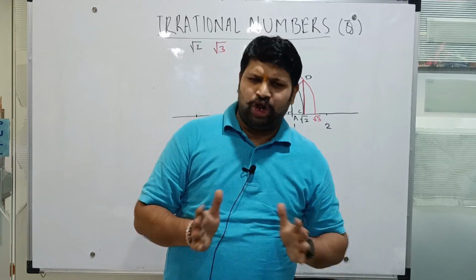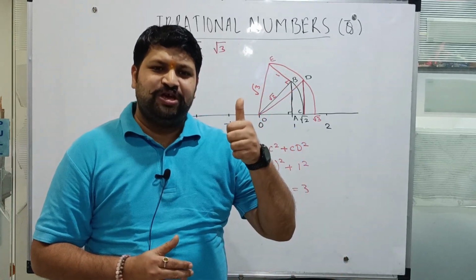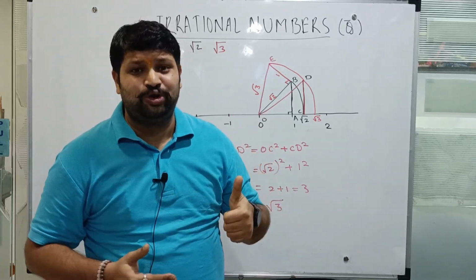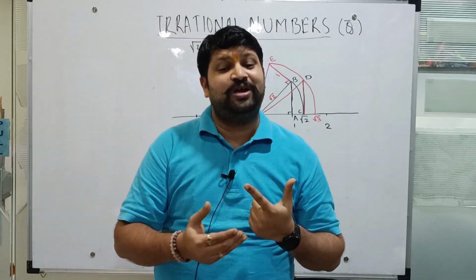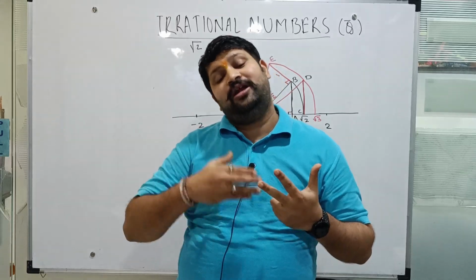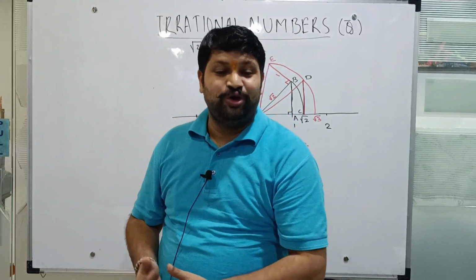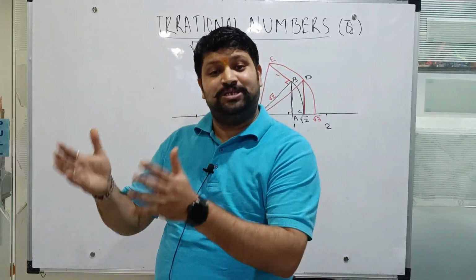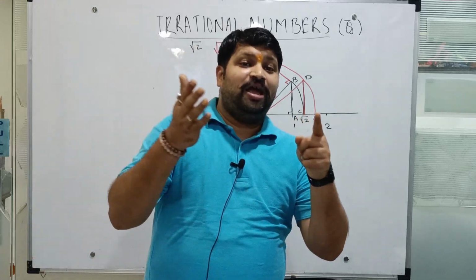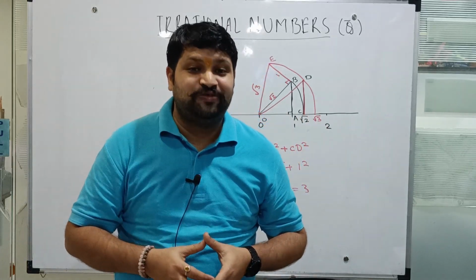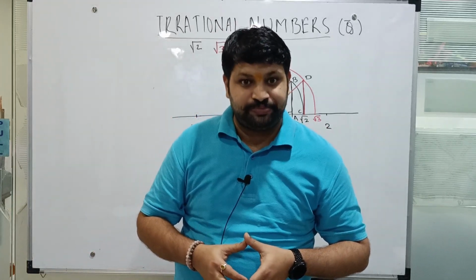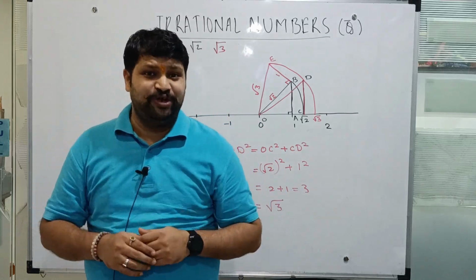Indirect method logically is pretty simple. We assume our statement to be true, then we prove that our assumption is incorrect, and we conclude that since our assumption is incorrect, exactly the opposite of it would be true. So let's see how we do it.